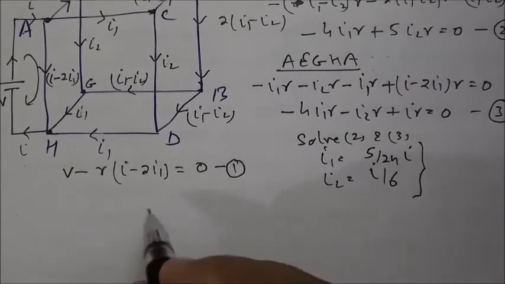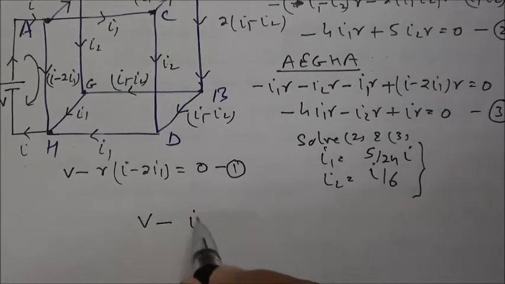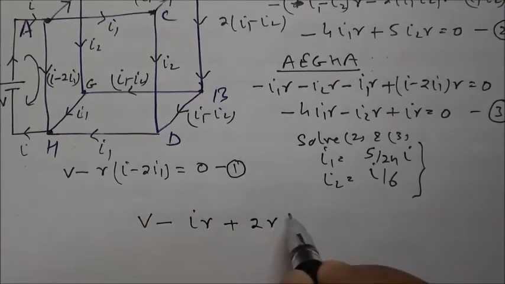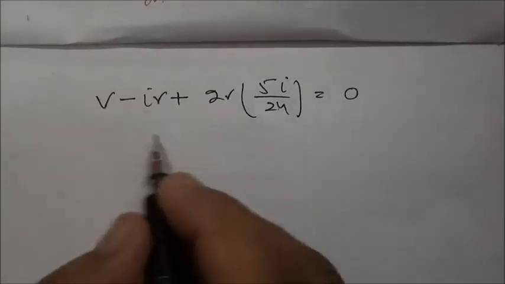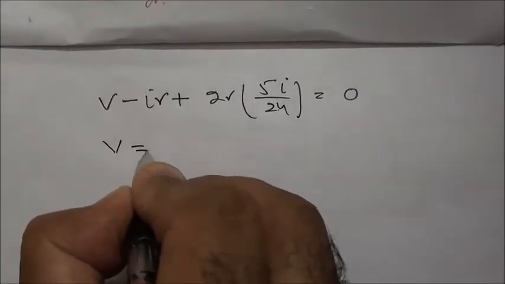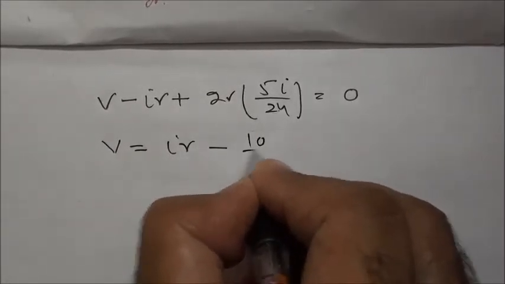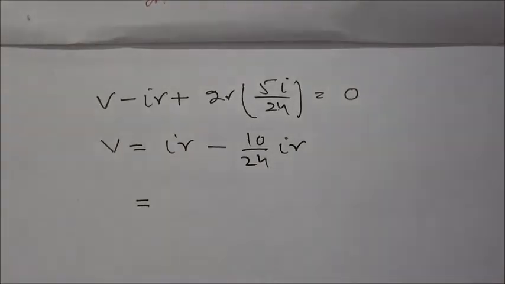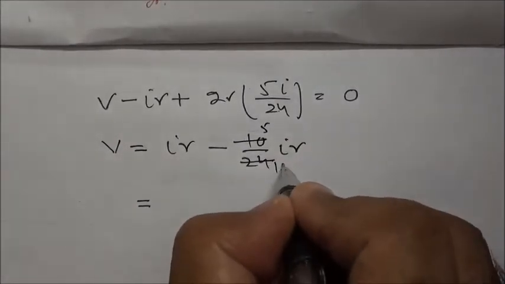Now substitute these values here. So V minus IR plus 2R I1 is equal to 0. Okay, so now V is equal to IR minus 10 by 24 IR, or it can be written as 5 by 12.